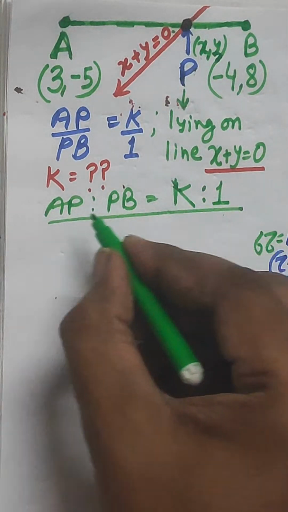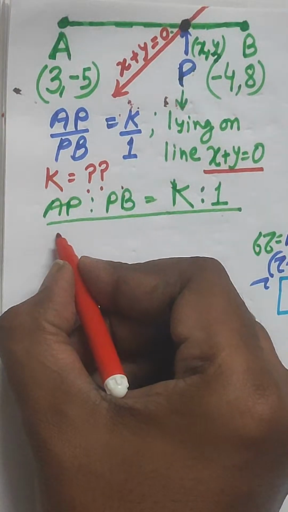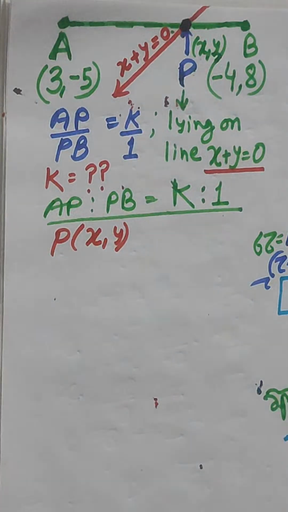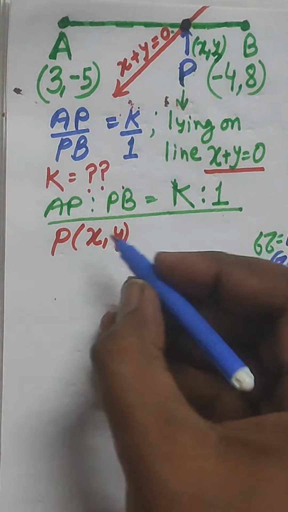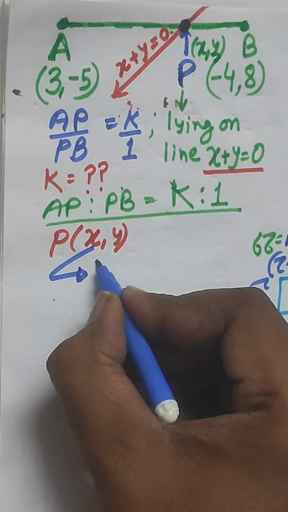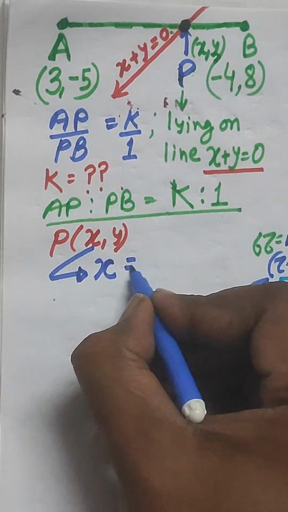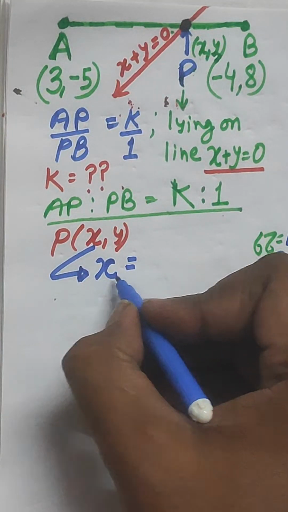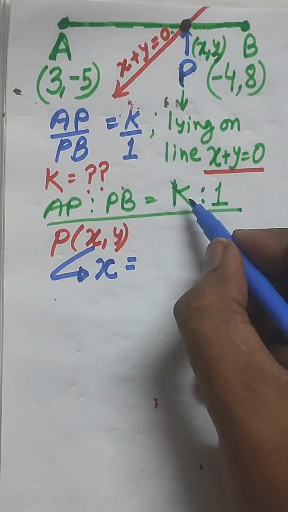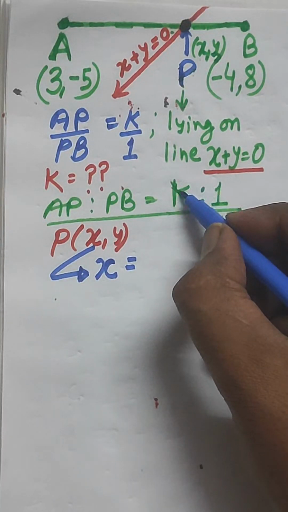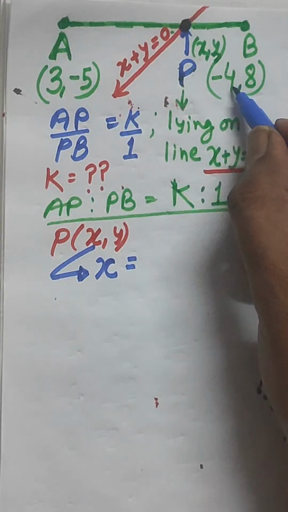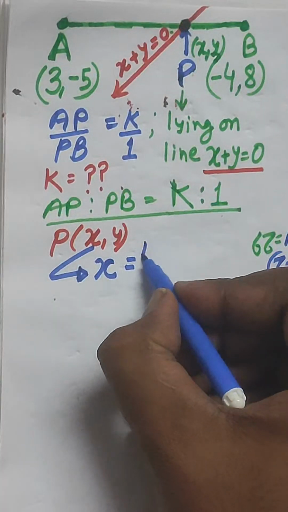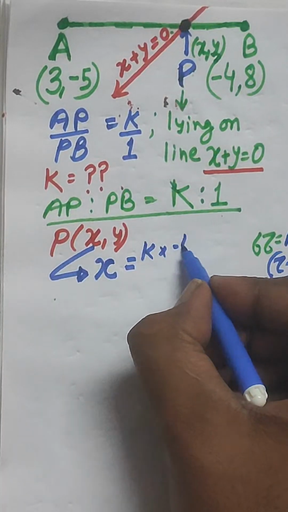The coordinates of P, we can say coordinates of P as x and y, right? So what will be the value of x that can be written? X is the abscissa. We will use the same ratio formula. So x can be calculated as, since k is the first ratio, this will be multiplying with the abscissa of the second point. Second point is B, and B's abscissa is minus 4. So k multiplied with minus 4.